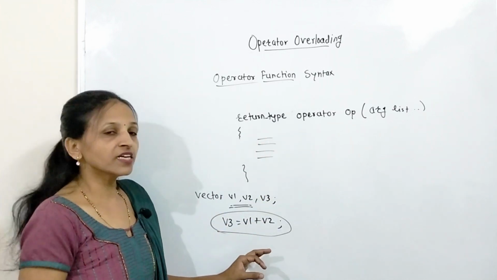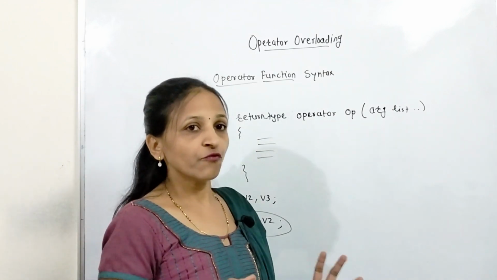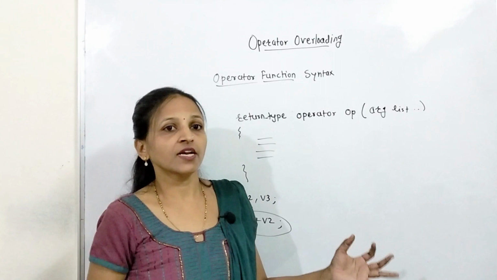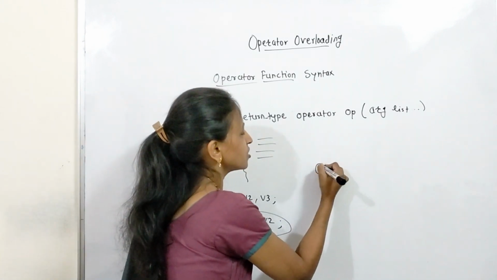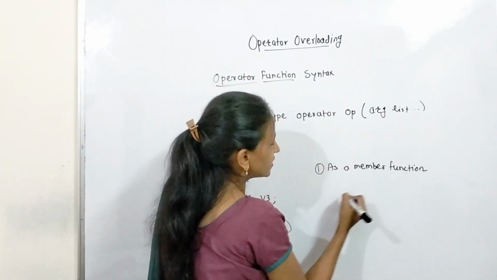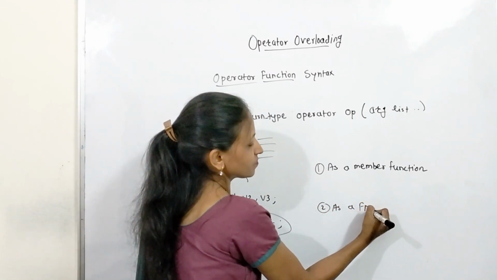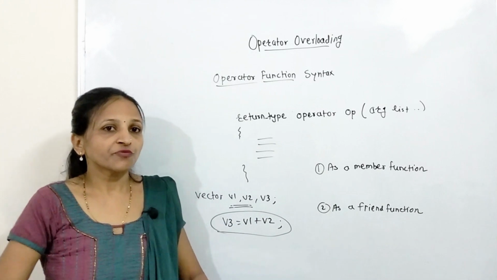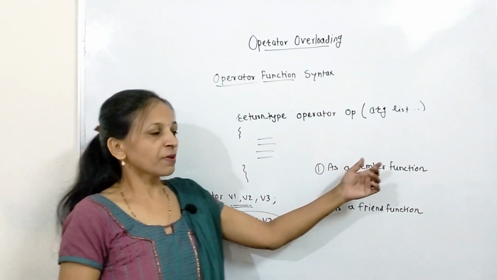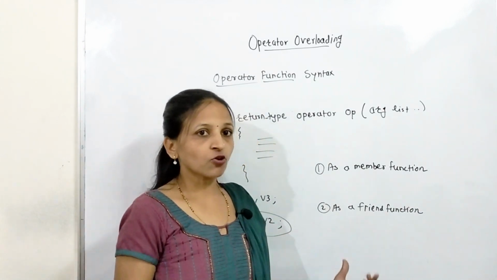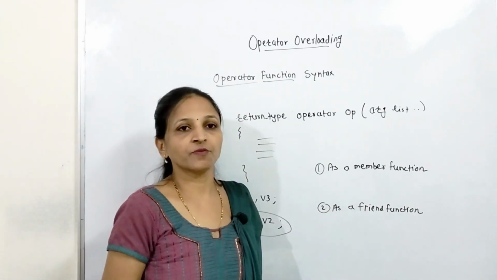Now how to do that? See, actually there are two ways to define an operator function. Means you can define an operator function as a member function, and the second way is as a friend function. Either as a member function you can define the operator function, or you can define that operator function as a friend function.